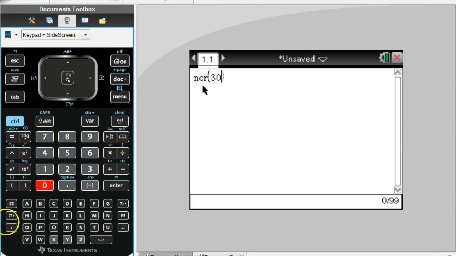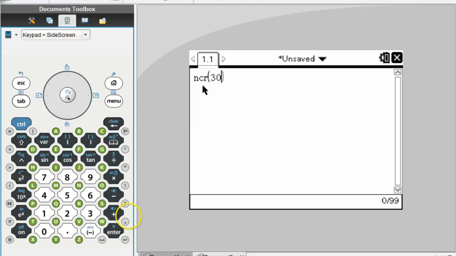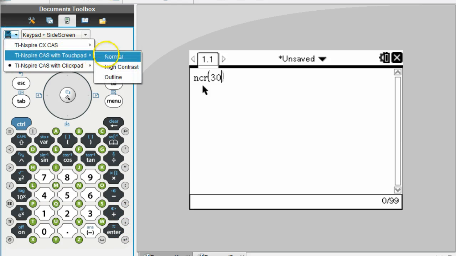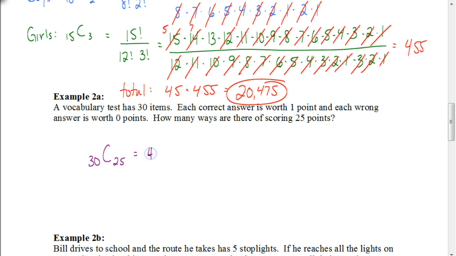The comma button is down here next to the O. If you have the gray calculator, it's going to be down to the right next to the plus sign. We want to do comma, and then how many of those 30 we're going to be selecting, which is 25, close it off with parentheses, and hit enter. We have 142,506 ways. That would be your answer.